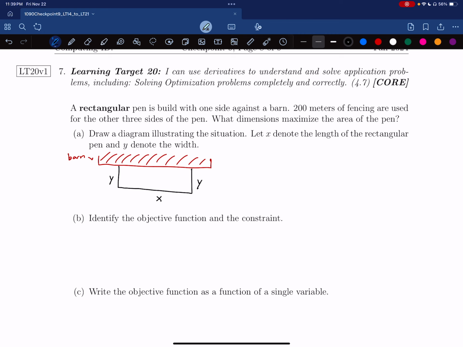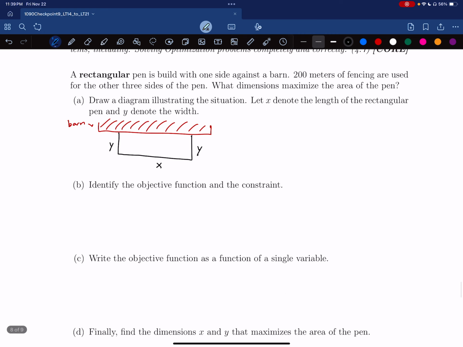So now we need to identify the objective function as well as the constraint. So our objective, as it says in the question, we want to maximize the area of the pen. Area is going to be equal to the length times the width, but in the context of the problem with its variables, x times y.